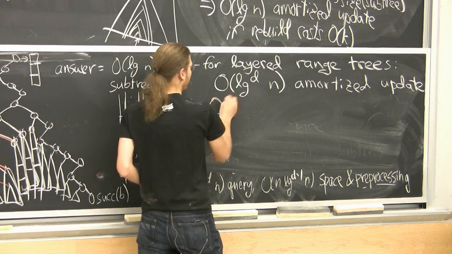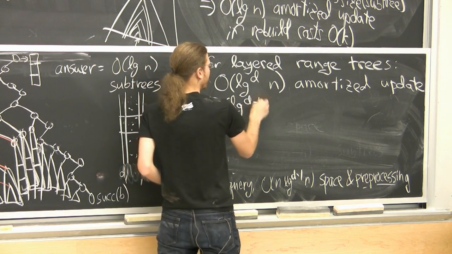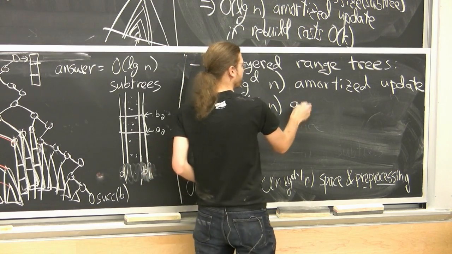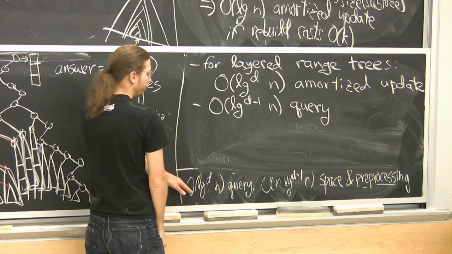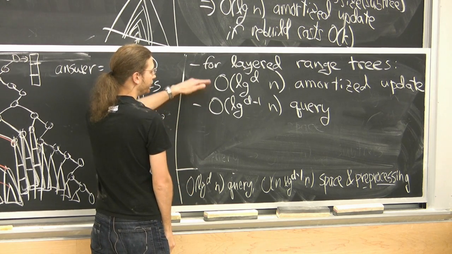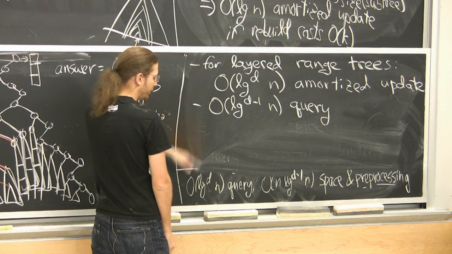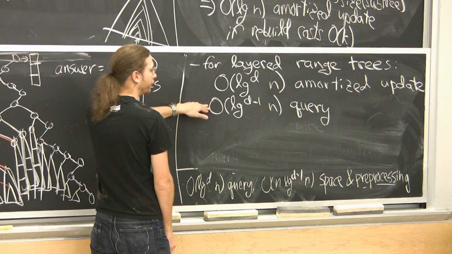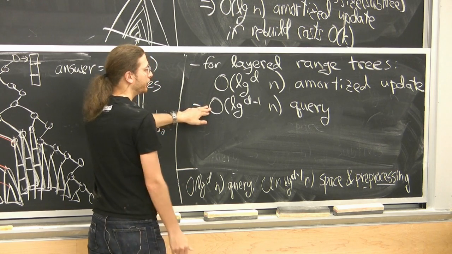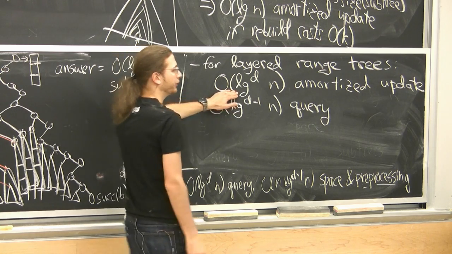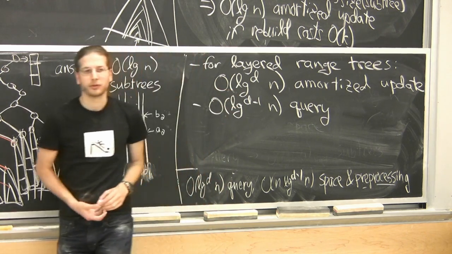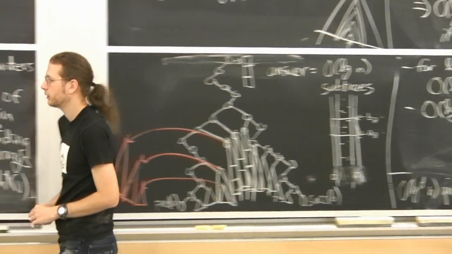And just to recall, we still have log^(d-1) of n query. So this was regular range trees, and we've made them dynamic in the same time as range trees, and still the query is a log factor faster. So for 2D, we get log n query, log squared n update, insertion and deletion of points. Any questions about that?